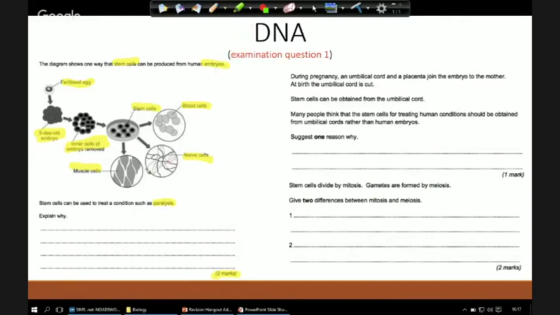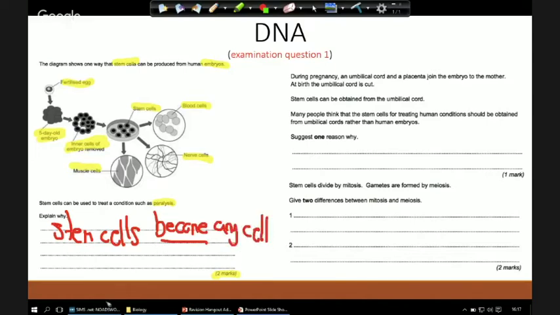Well, essentially our 2 marks are going to come from saying stem cells can differentiate, can become any cell. And that cell might be something such as nerve or muscle, which might be the reason this particular individual is paralyzed.